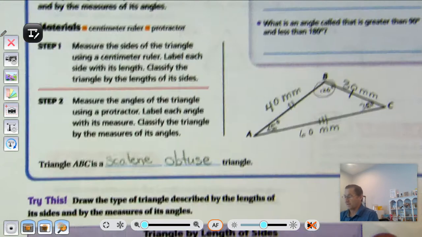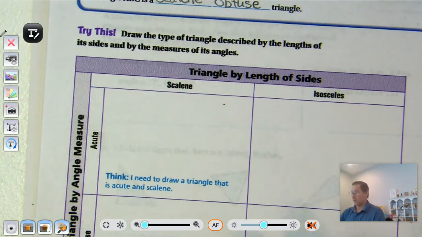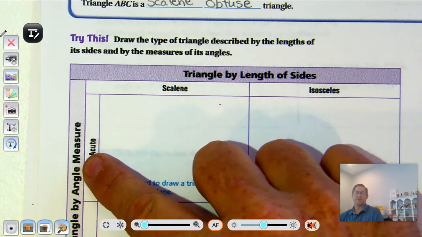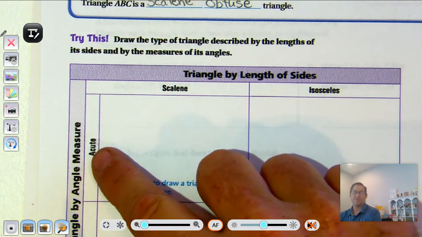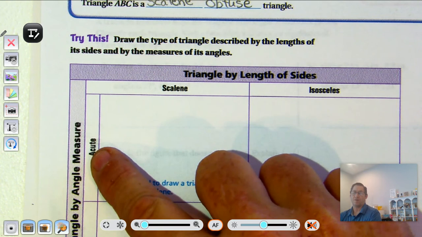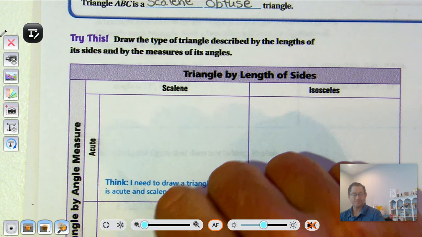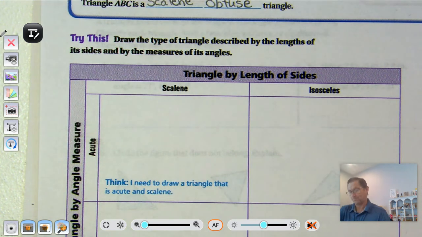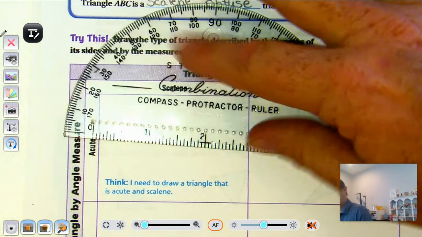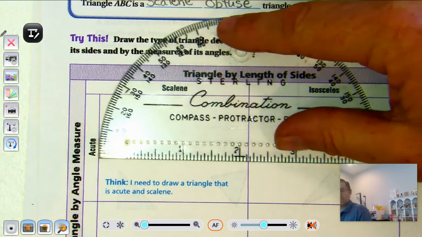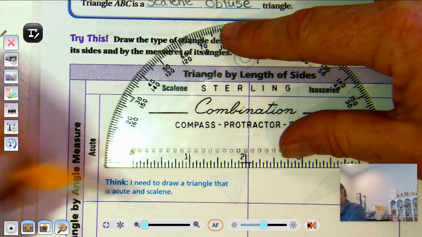All right, so now we're going to practice drawing our own triangles. The first one we have to draw is a scalene acute. That means all 3 sides are different and all 3 angles are less than 90 degrees. So let's start with a line that will be the base.